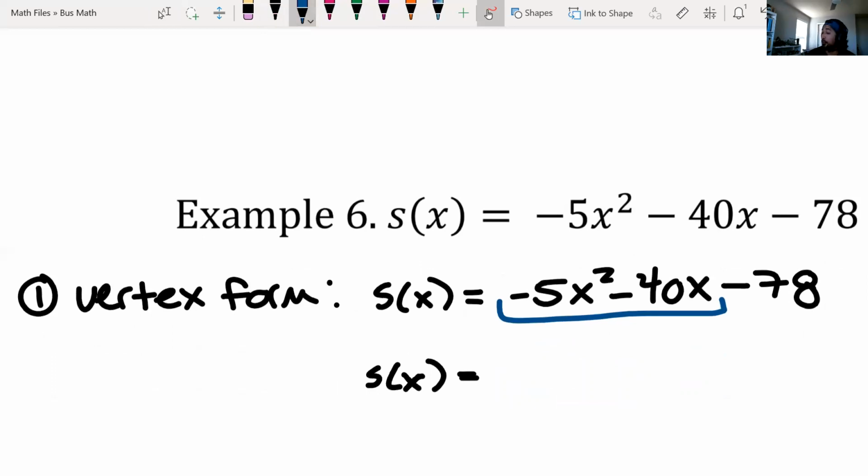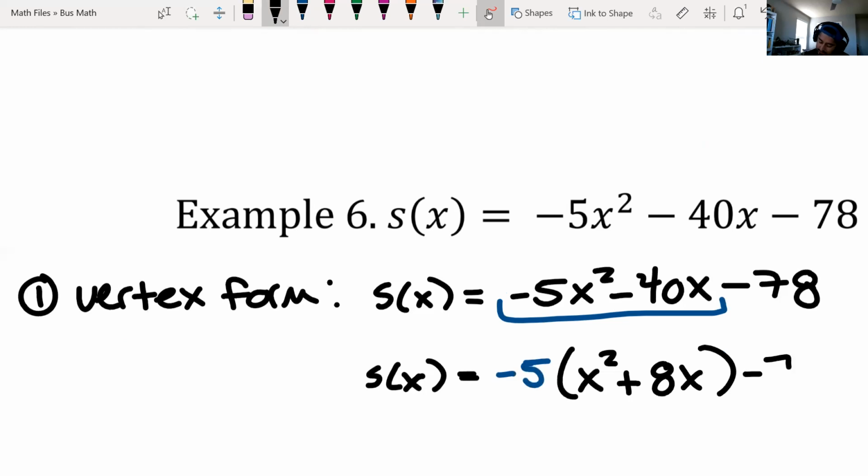Since we want the leading coefficient to be 1, you always factor out the number that's attached to x squared. So here we're going to take out -5, and that'll give me positive x squared plus, 5 from 40, that's what, 8x, minus 78.